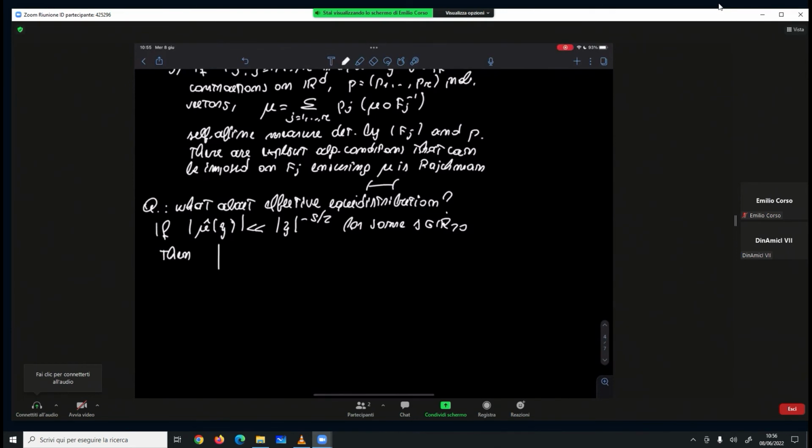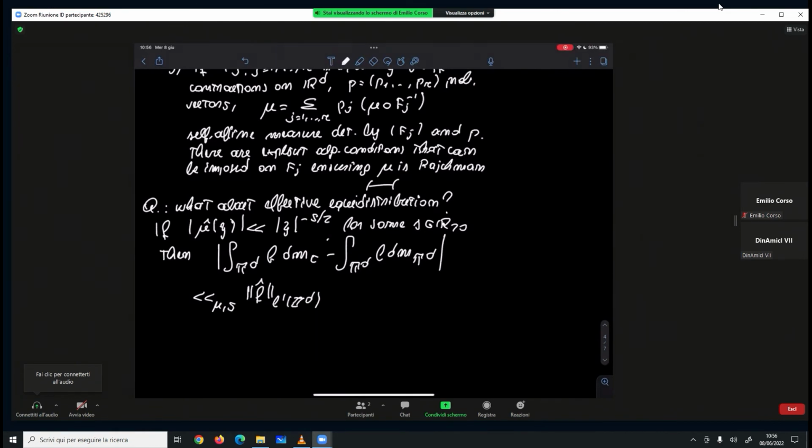So I have that the difference between the integral of f with respect to mt and the integral of f with respect to the Haar measure is bounded, with some constants depending on mu and s, by the L1 norm of the Fourier transform of f times t to the minus s halves. So I have this rate of equidistribution.